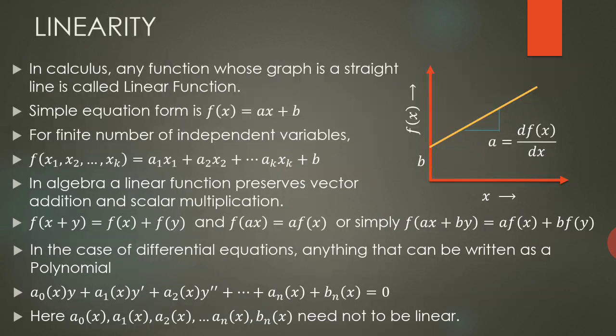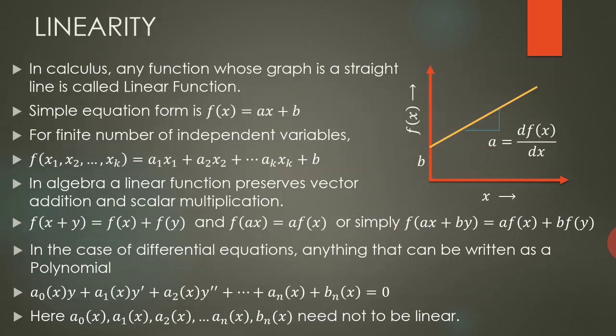In algebra, a linear function preserves vector addition and scalar multiplication. Any function that fulfills the properties of vector addition and scalar multiplication is called a linear function. So if f of x plus y can be written as f of x plus f of y, instead of those cross terms, then it is called a linear function.